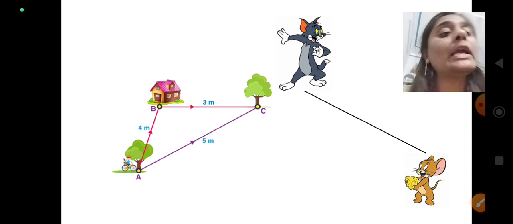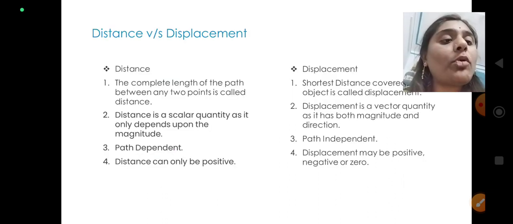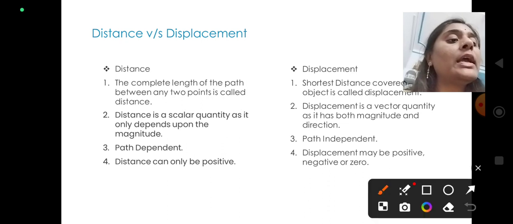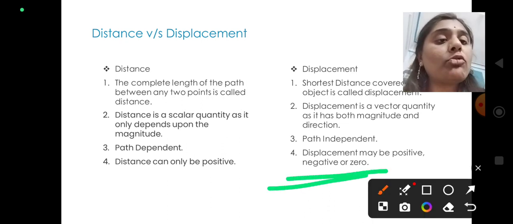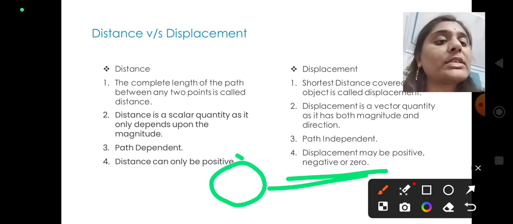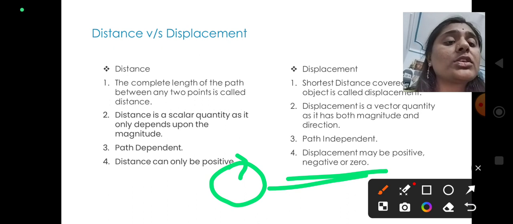Therefore distance will be 7 meter, right? Now the next one is, distance can only be positive, but displacement may be positive, negative or 0. 0 example I have just given, when the object is performing the circular path, or we can say final position minus initial position. If the final position and initial position are both the same, then it will be 0 only.